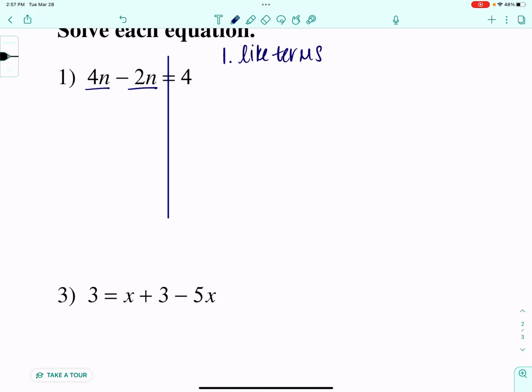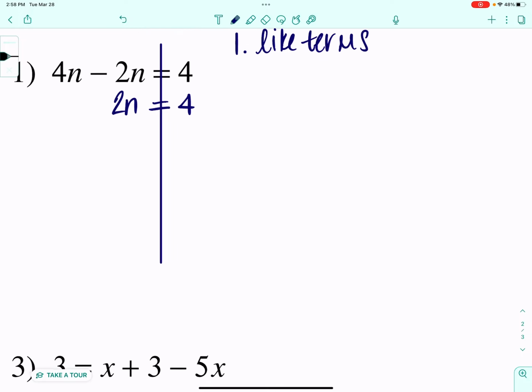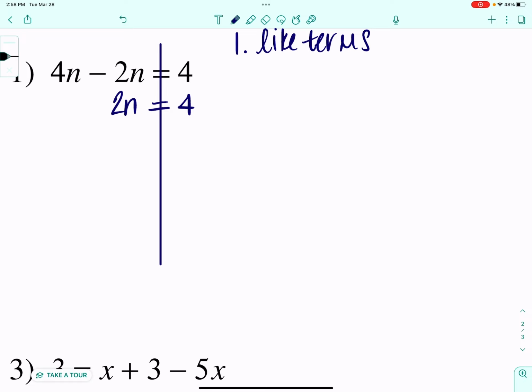Now those fit my requirements for like terms, so before I do anything else, I'm going to combine those. 4n minus 2n is a positive 2n, and I'm going to bring down my 4. On the right side of my equation, all I have is that lonely 4. There are no other constants behind it. So I don't have any like terms I need to combine there.